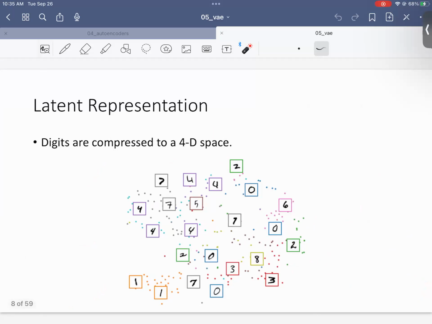We also looked at the latent space. We talked about how 1s are all here, but 5 and 4 and 7 are all entangled in this region. So it's really hard to completely separate one from the other. Right, so that was it.